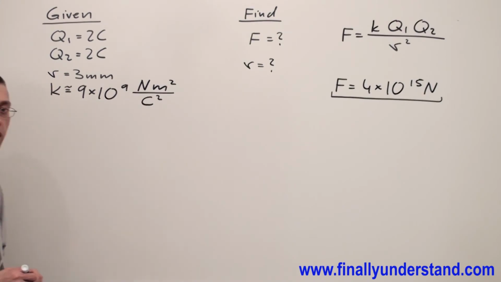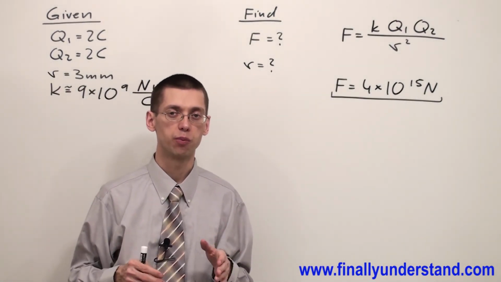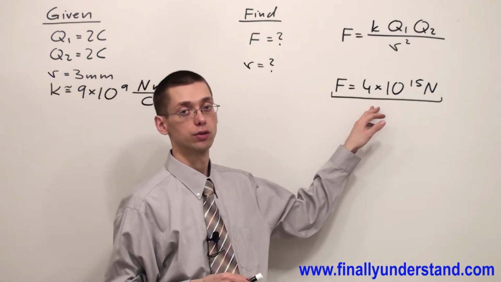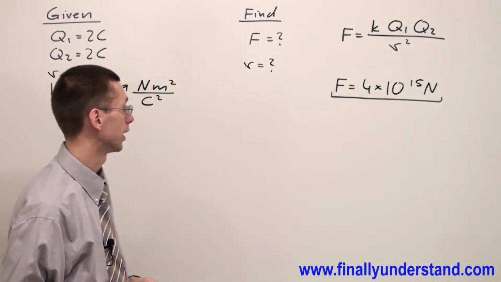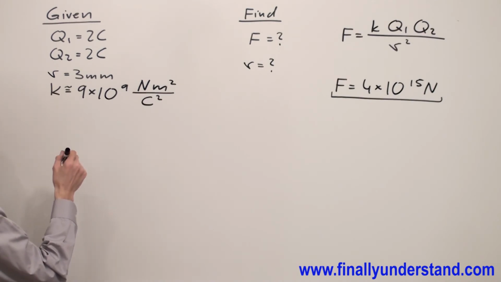This time we will find out how far we must put these two plates apart in order to reduce this force by 120. So I'm going to write this formula one more time.